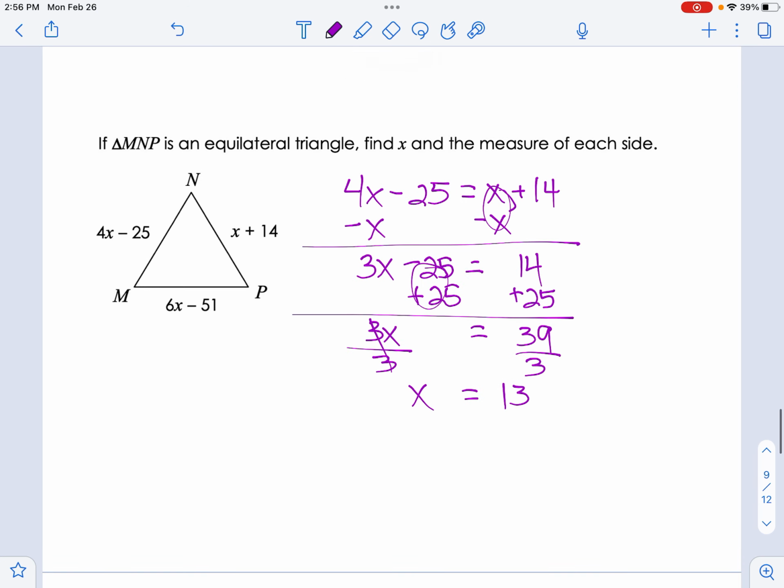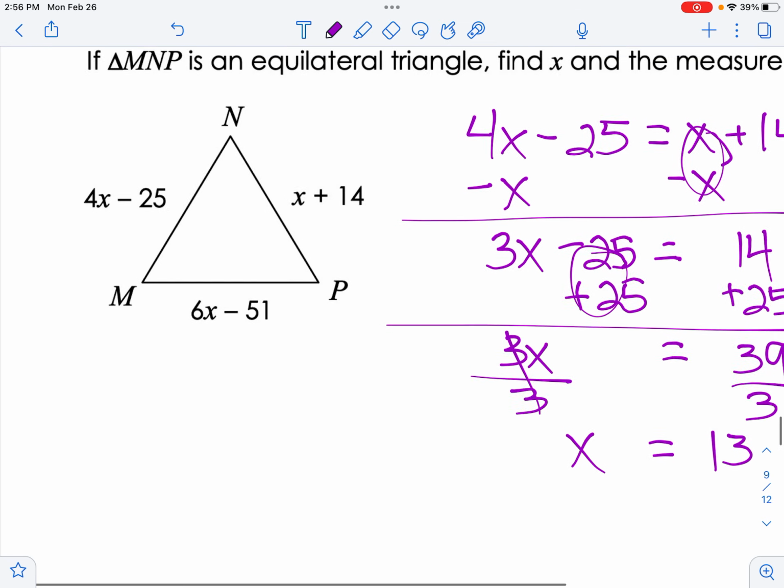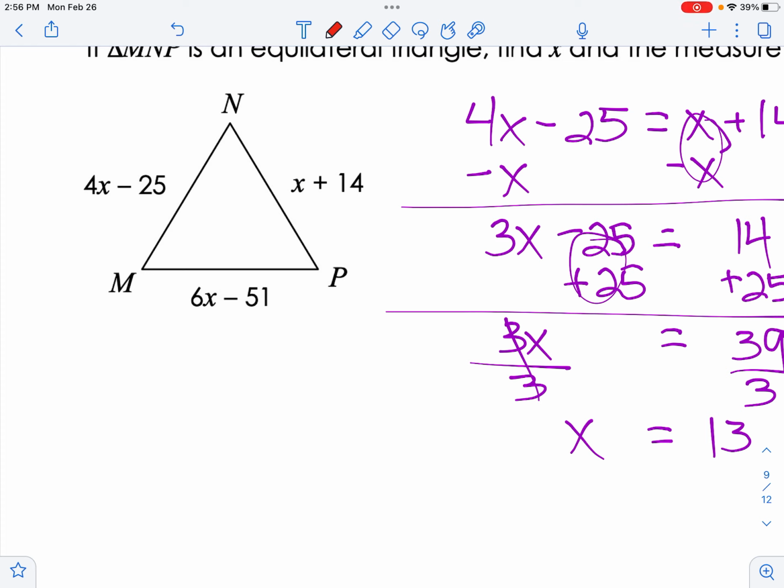Okay, so I know what x is. It does say that I need to find the measure of each side. Okay, so let's do that. I'm going to just write this here in a different color. All right, so I'm going to start with MN. MN is 4x minus 25. I now know that x is 13, so I'm going to put a 13 in there.